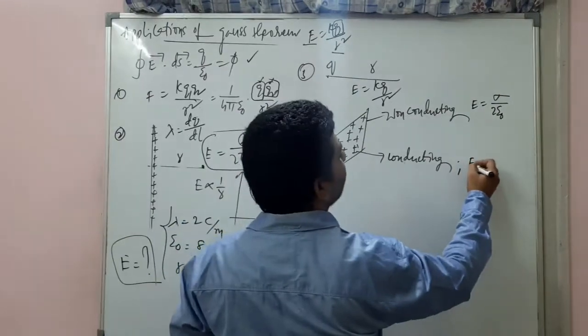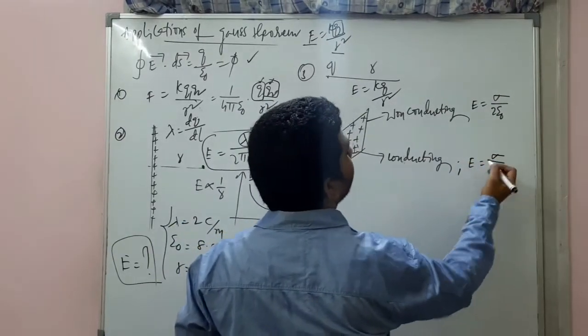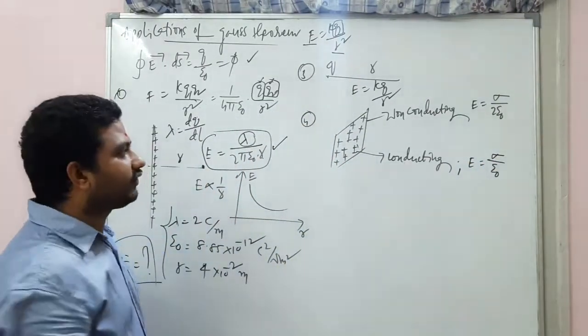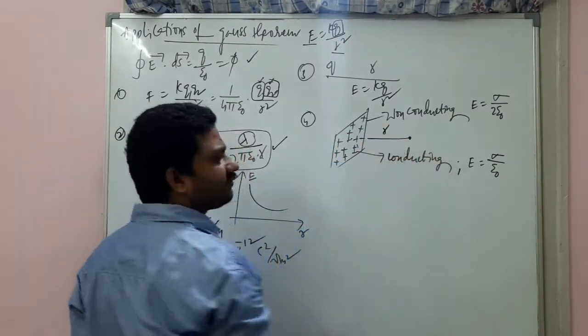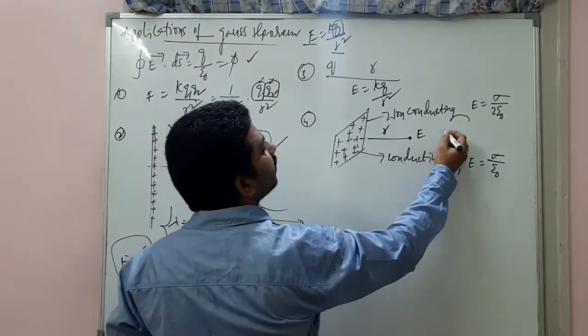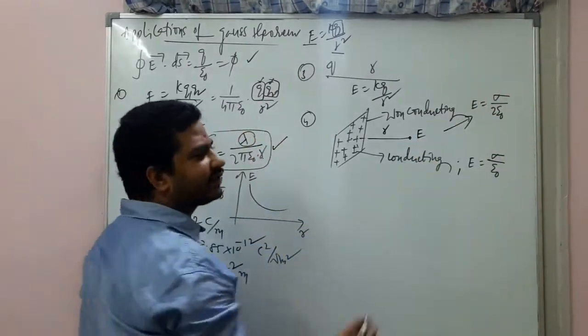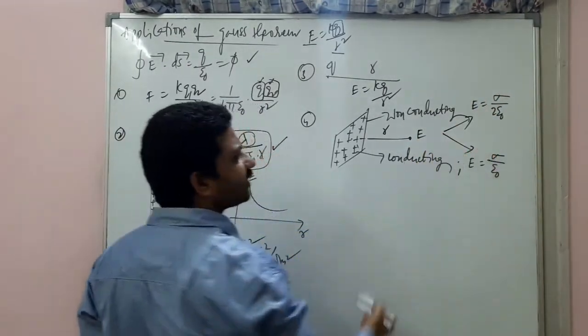If it is conducting, electric field is sigma by epsilon naught. So for example, from this plate at a distance r, this is the electric field. If it is non-conducting, that's the value; if it is conducting, this is the value.